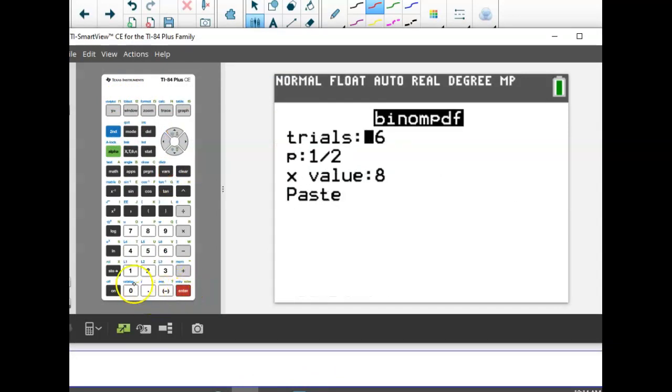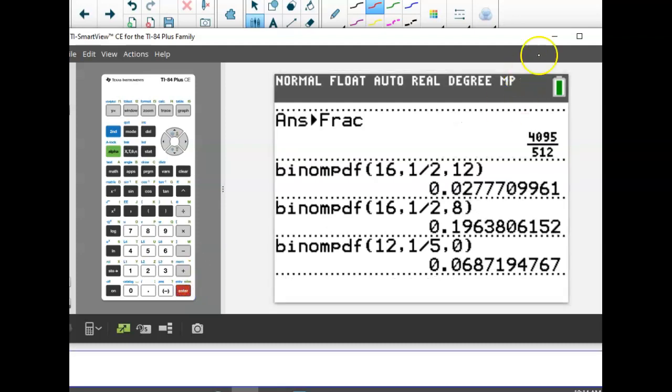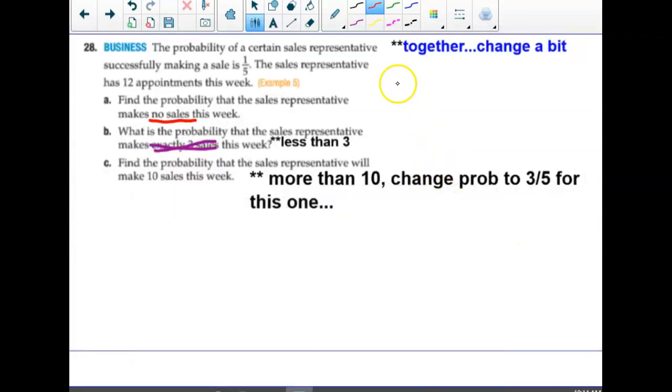How many calls is he making? Was it 12? What's the chance he makes a sale? 1 out of 5? And he wants to make 0. What's the chance that he makes 0 sales? So 12, 1/5, 0. Comes up about 0.069. Okay, please stay with me though.